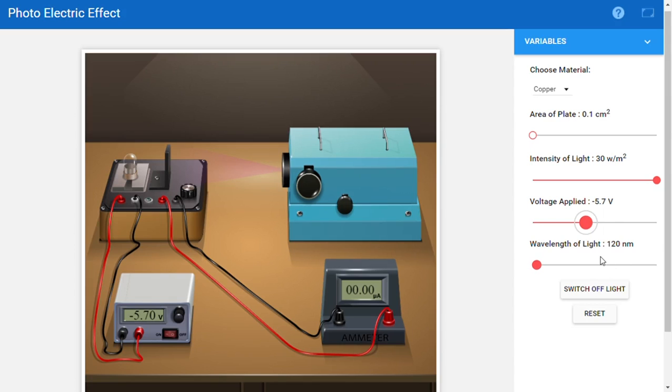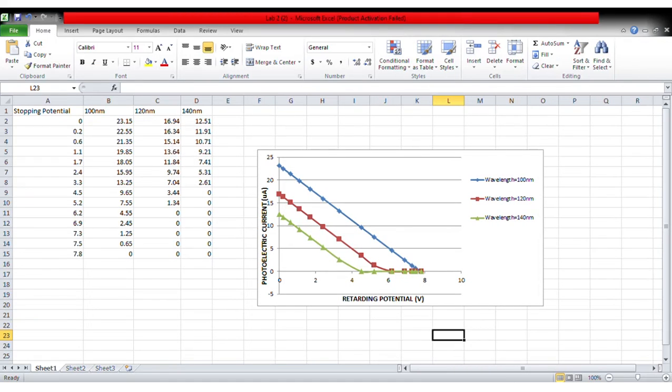Now let's see the graph which we have plotted for different wavelengths. Here is the graph for different wavelengths of light at constant intensity. These are the wavelengths at 100 nanometer, 120 nanometer and 140 nanometer, and these are the readings for stopping potential and their respective photocurrent.